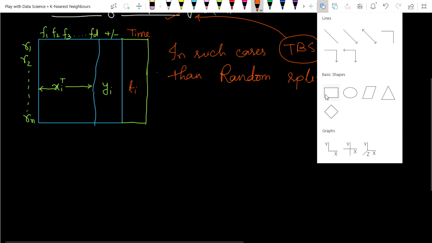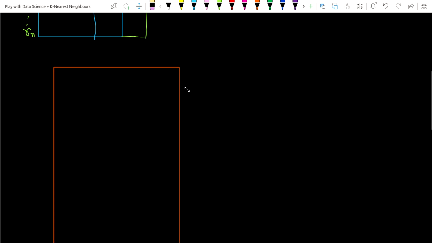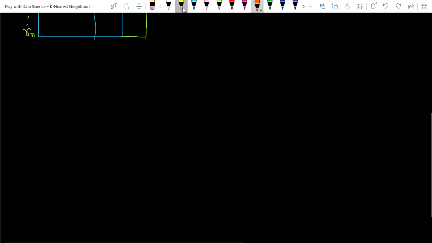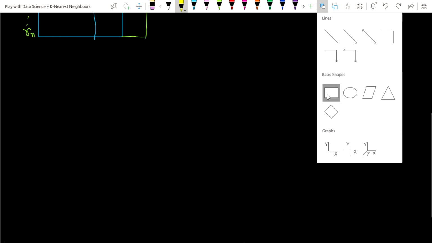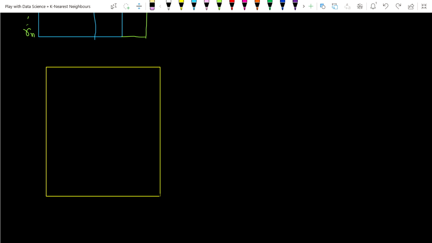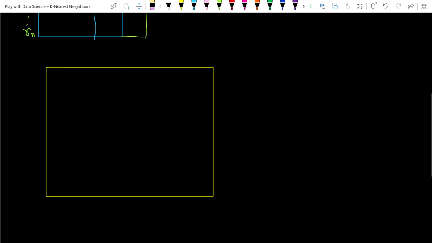Let's draw our data set first, so we understand the thing through pictures. I think it will be better. Suppose this is our data set, and in this data set we have a feature vector, the corresponding output vector, and the corresponding timestamp also.